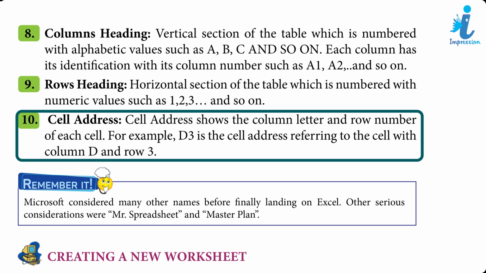Cell addresses. A cell address shows the column letter and row number of each cell. For example, D3 is the cell address referring to the cell in column D and row 3.